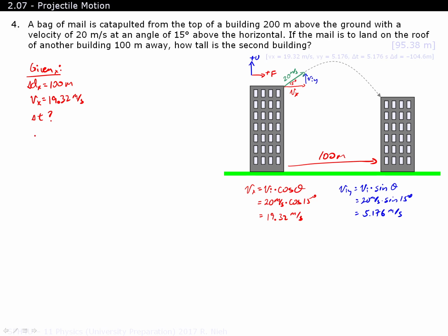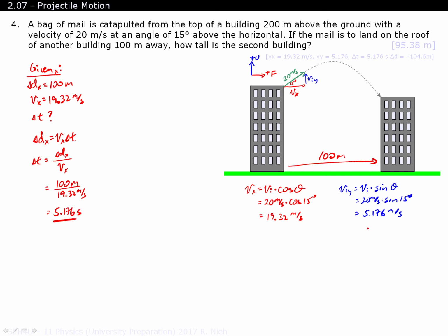Remember, there's no acceleration in the horizontal dimension, and that's why our formula for the horizontal dimension is so nice and clean. When we isolate for time, we divide delta dx by Vx, and 100 meters divided by 19.32 meters per second will give us a time of 5.176 seconds.